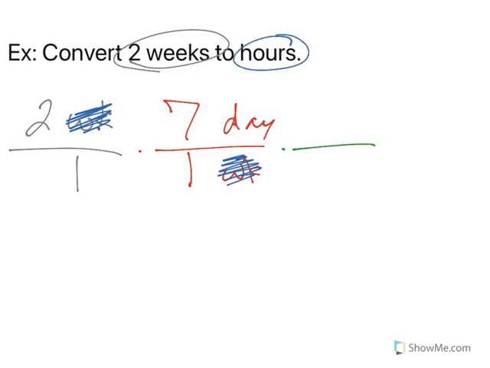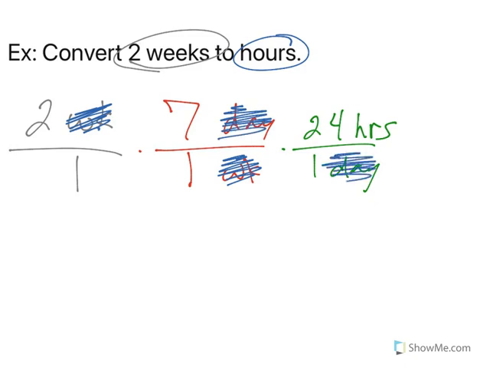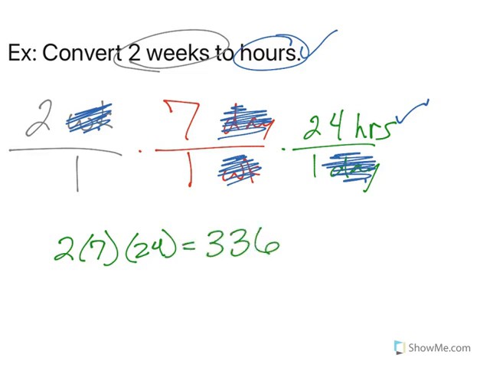Well, in 1 day, there are 24 hours. Again, make sure label in the numerator matches a label in the denominator. They have to cancel out and reduce. Now that I'm in the correct units, now I can do the math. 2 times 7 times 24 gives me 336 hours in 2 weeks.